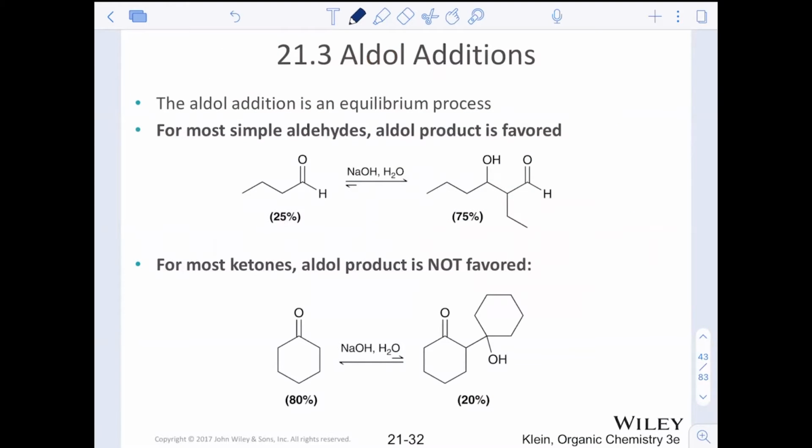The aldol addition is an equilibrium process, so most often with simple aldehydes the aldol product is favored. For most ketones, the aldol product is not favored. And so there is a reverse mechanism that is able to occur as well.